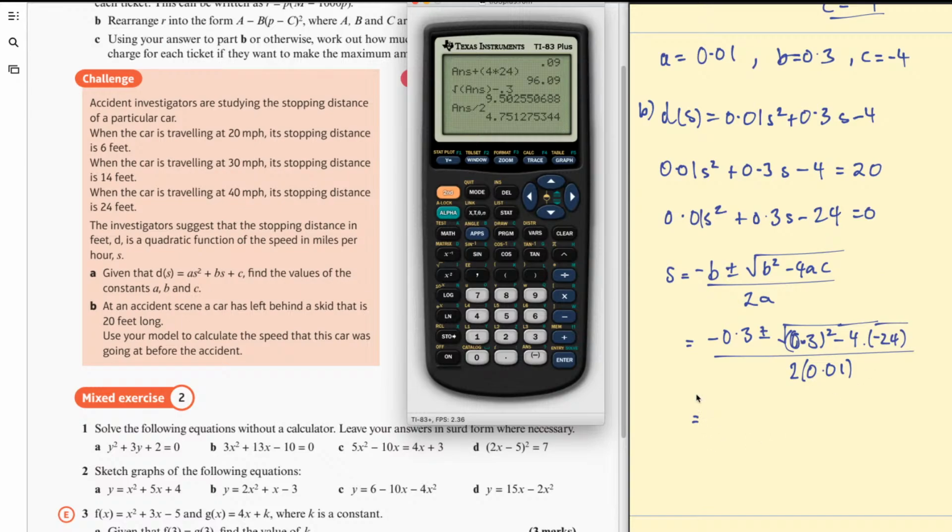Okay. So now it's this answer, 9.502550688 divided by 0.02.